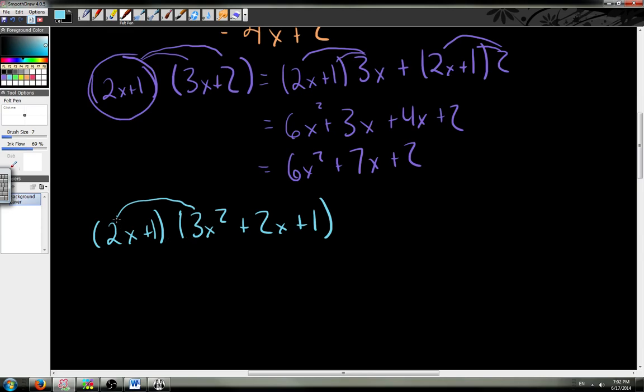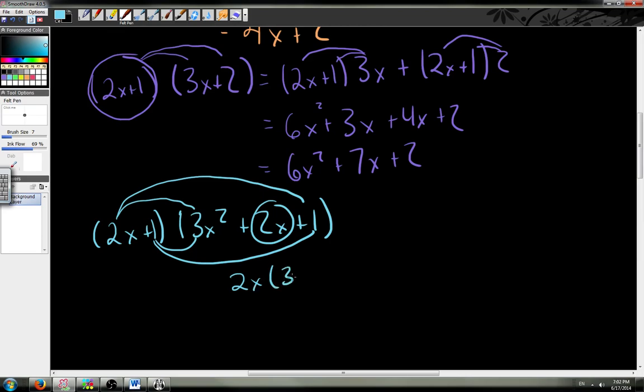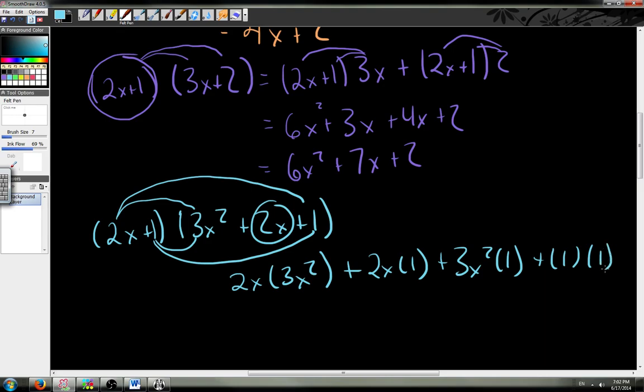First, outside, inside, last. They don't even look at this term, and then they'll just do 2x, 3x squared plus 2x times 1 plus 3x squared times 1. Then they do 1 times 1. Like, this is wrong. We haven't even multiplied. We haven't done anything with this 2x.